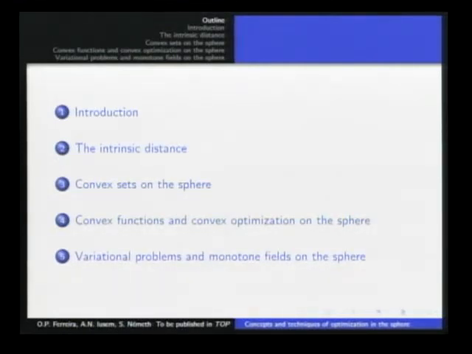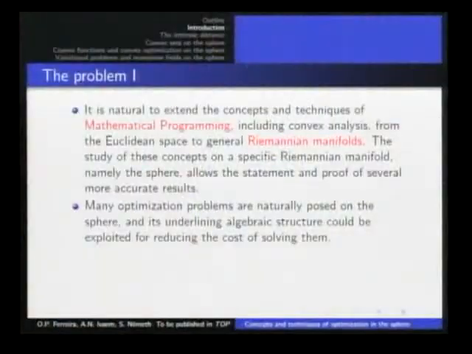The idea is that the sphere, since it has a very simple algebraic structure, will be easier to deal with than a general positive curvature manifold, where things become much more complicated.